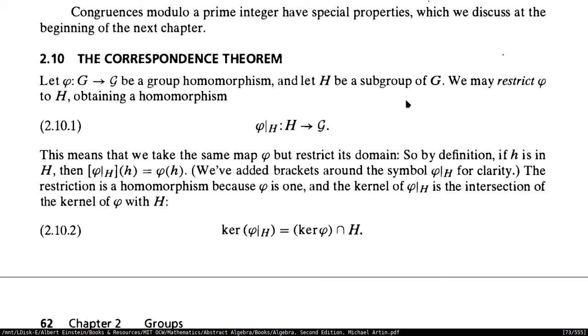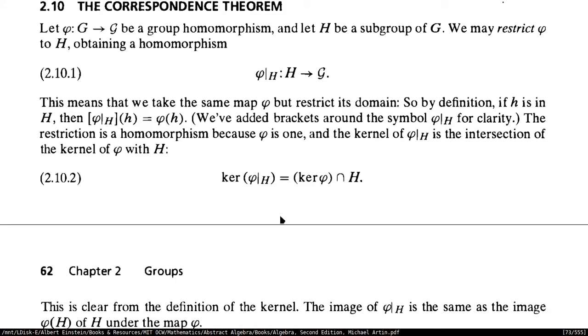It's similar to when you restrict a map to a subset of its domain. Here the homomorphism doesn't lose its properties; it's just restricted. So by definition, if H is in the subgroup, then the restricted phi of H is going to give you phi of H, of course.